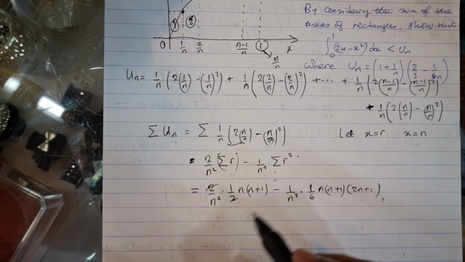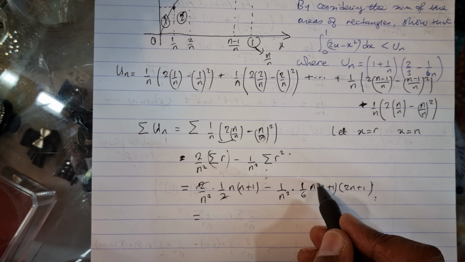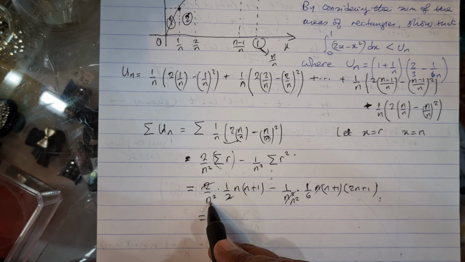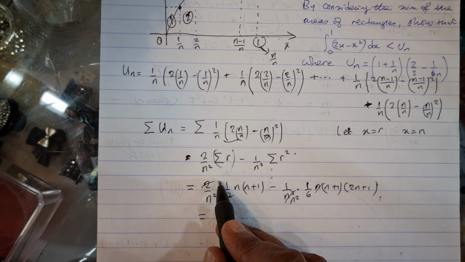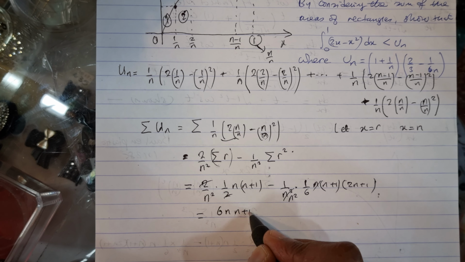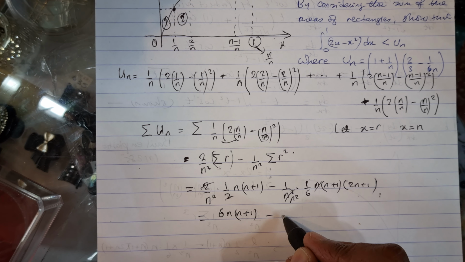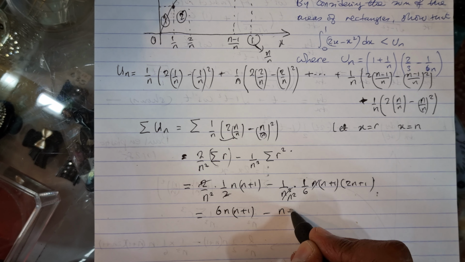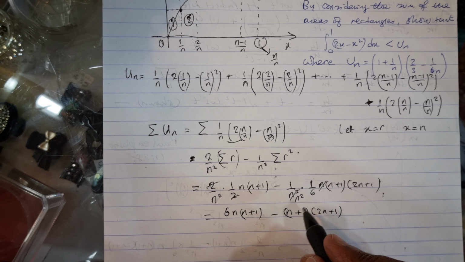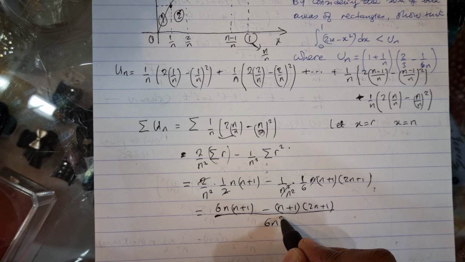And from here the 2 and the 2 can go, and I can multiply numerator and denominator by 6, and I get 6n times (n plus 1), minus (n plus 1) times (2n plus 1), and all of that being divided by the same denominator, 6n squared.